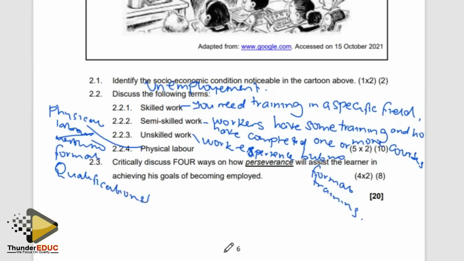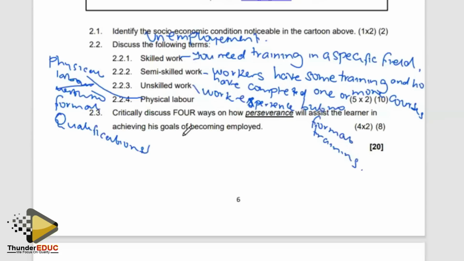Okay, critically discuss 4 ways how perseverance will assist the learner in achieving his goals or becoming employed. Perseverance will assist a learner in achieving his or her goal. For example, the learner never gives up on his or her dream.